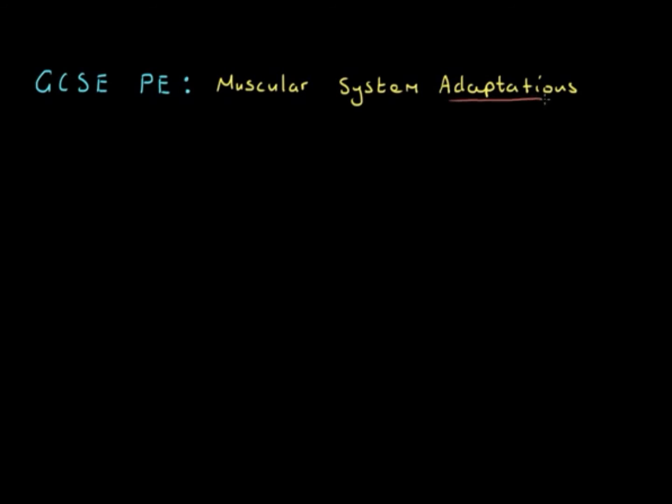So having looked at the short-term effects of exercise on the muscular system, it's now time to look at the muscular system adaptations. These adaptations are the long-term responses of the muscular system to exercise. Obviously, if you undergo some sort of training program, things are going to change. Your body will adapt to the training you are doing.